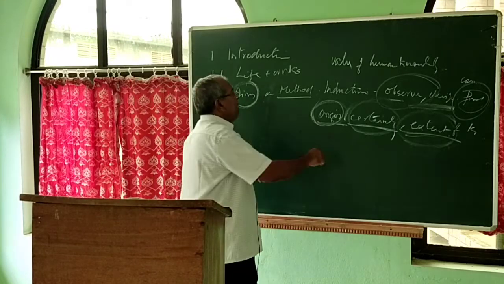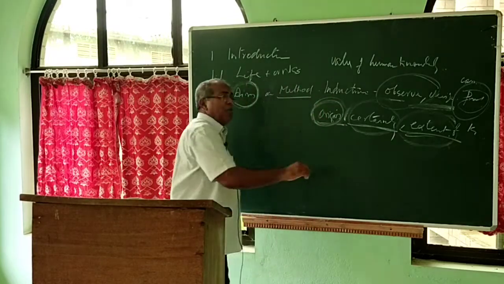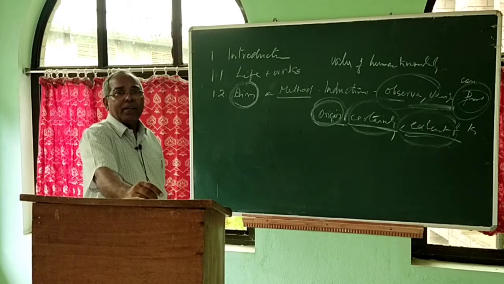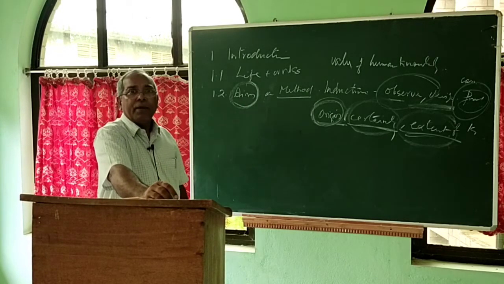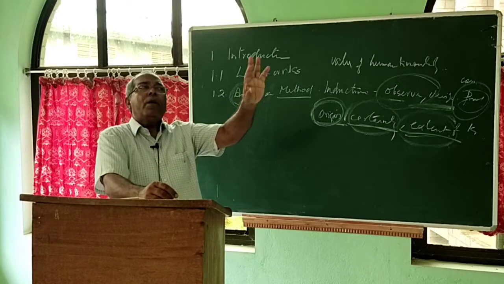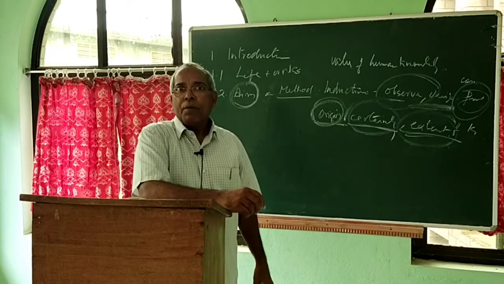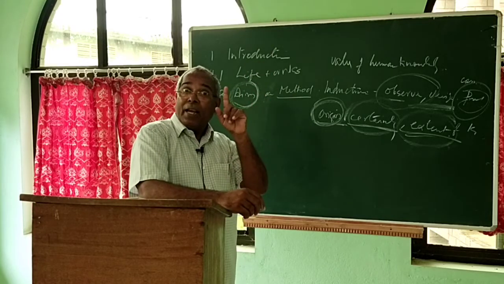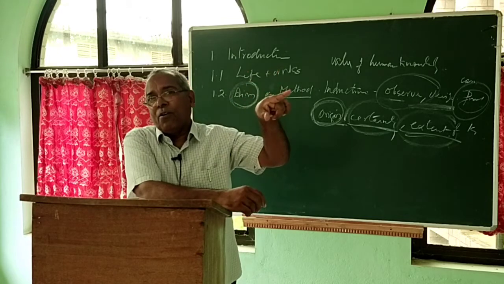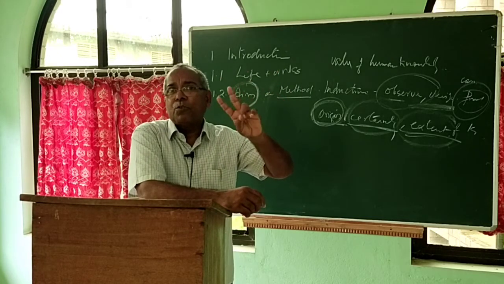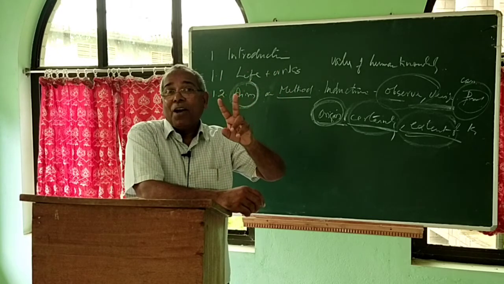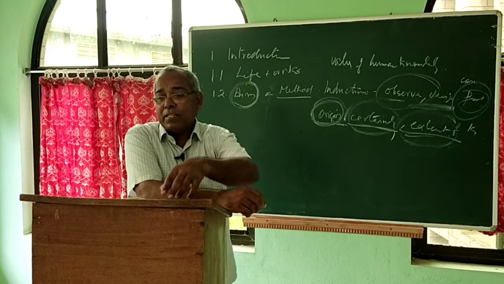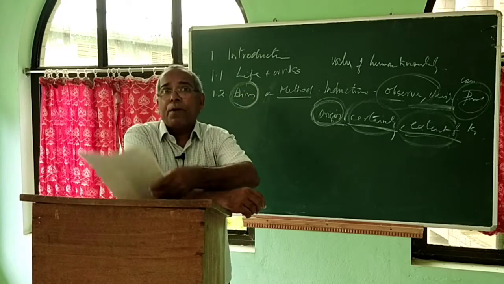Okay, then origin. How do you get knowledge? This was not thought of very much. We were simply talking about what we know. We never asked the question, how do you know? As philosophy students, up to now you had been talking about, say, this A4 size paper.